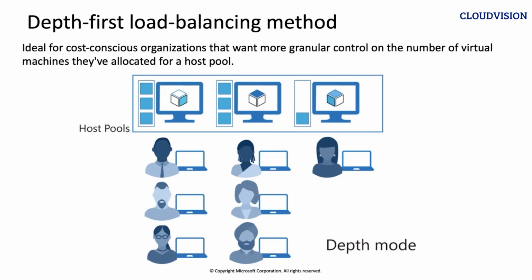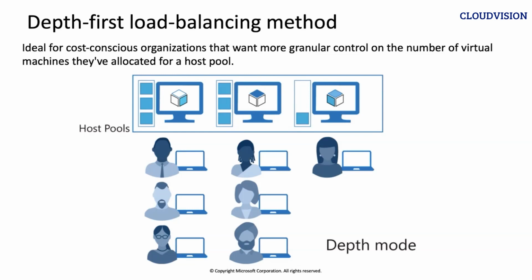It's the method which helps you saturate one host at a time, and then it can move down to another host if required or whenever required. So with this, at least you can control the number of hosts, depending on the requirement.